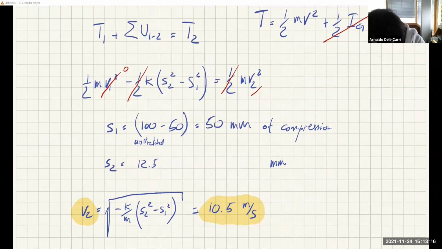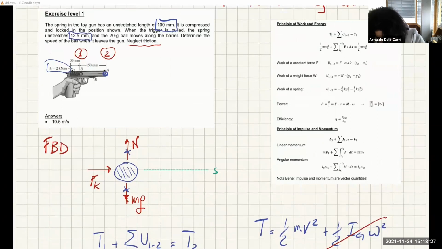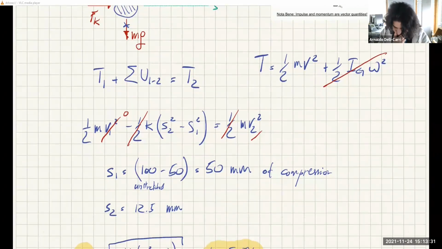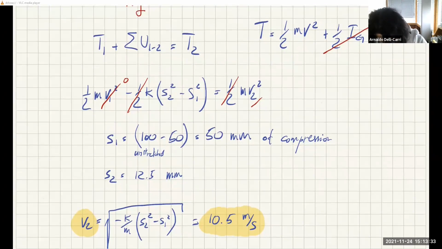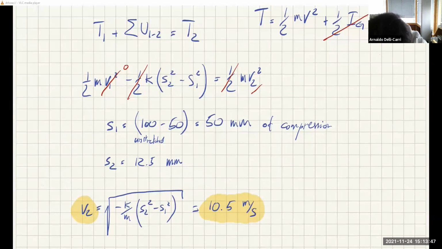So what I'm saying is that when the ball is here, this spring has unstretched 12.5. So it should be something like this. So in this case, we have 12.5 squared minus 50 squared is a negative number, and we get this. Okay.